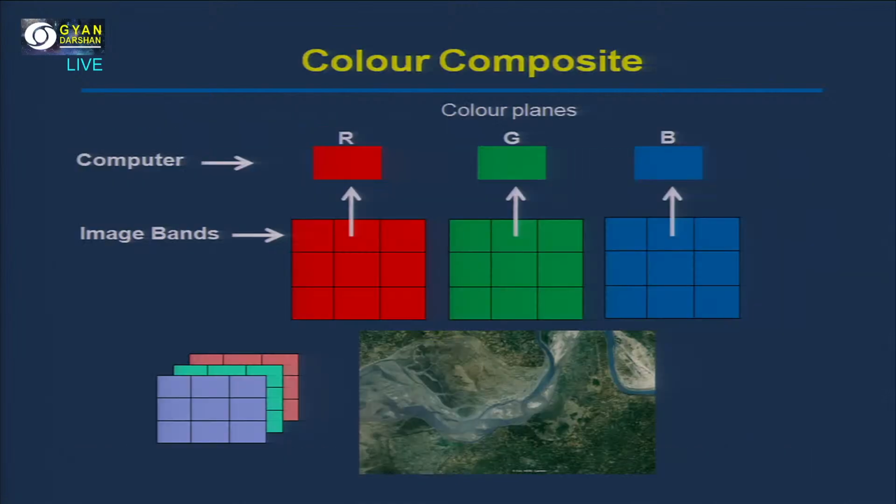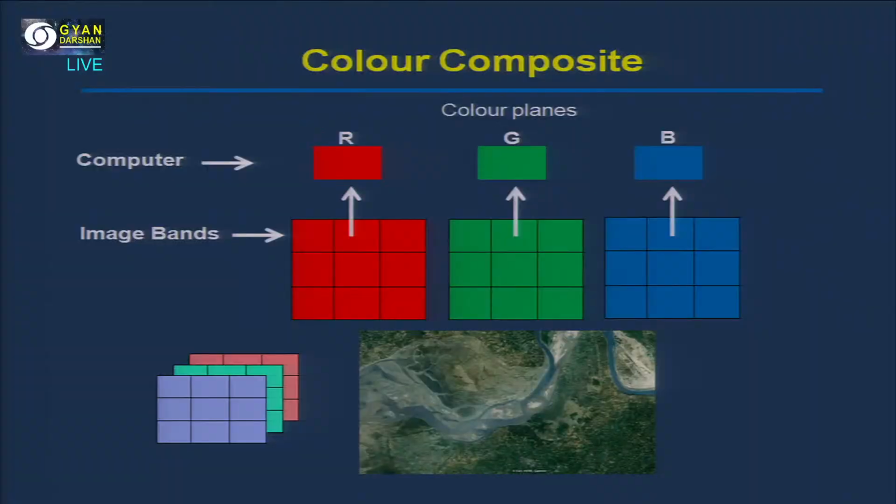Now taking this concept further, we know that images are acquired in different wavelength regions of this electromagnetic spectrum, and computers have a limitation that we can see only 3 images at a time in some combination, because computers have 3 color planes: red, green, and blue.